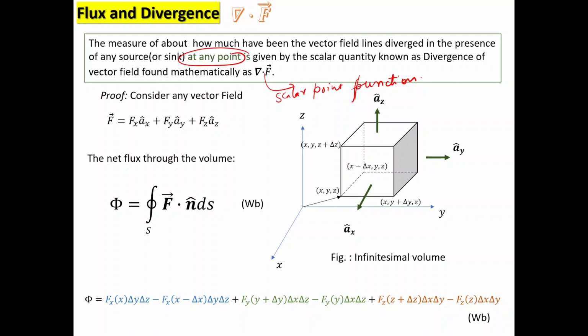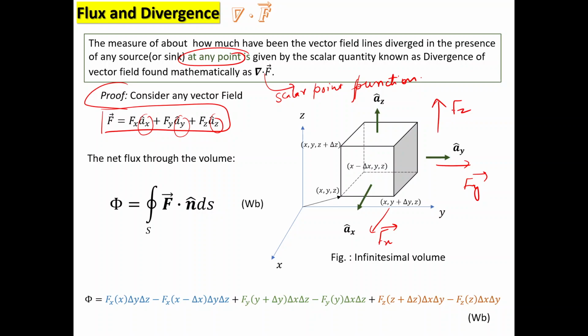Let us derive it mathematically. Let us say we have a vector field that is resolved in three directions. In the x direction the component is Fx, in the y direction it is Fy, and the component of the vector field in the z direction is Fz.